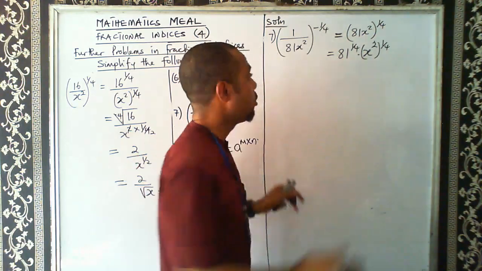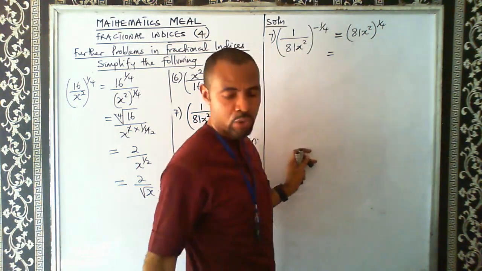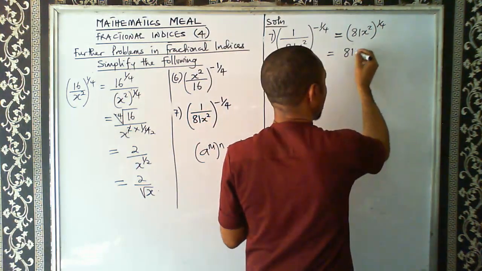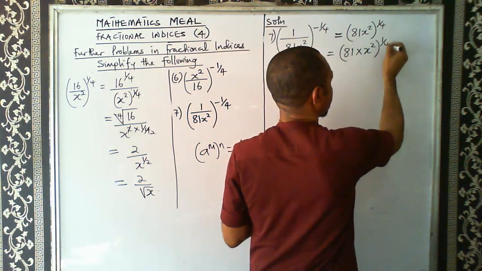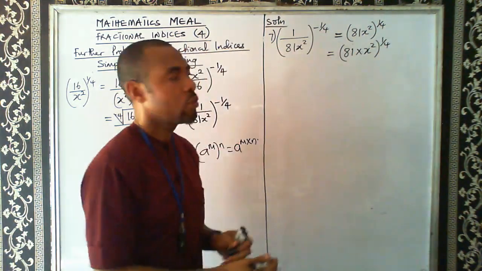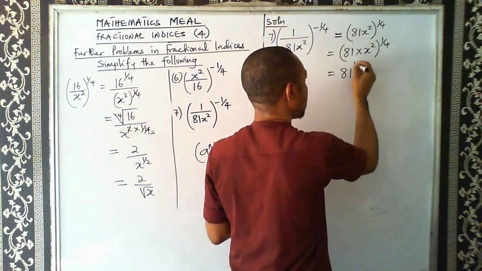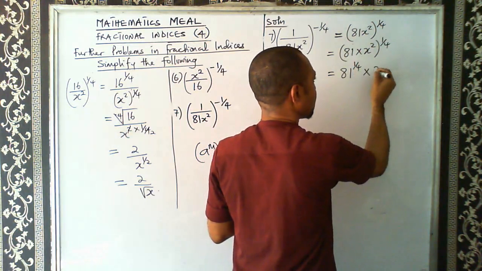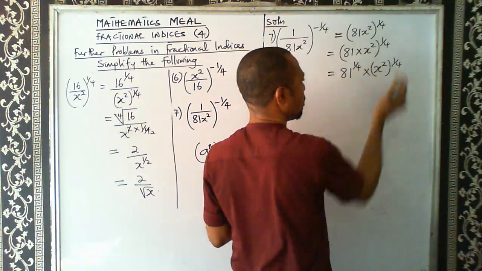Generally, we know that 81x squared means 81 times x squared. So if we distribute these powers, this will become 81 raised to power 1 over 4 times x raised to power 2, all raised to power 1 over 4.